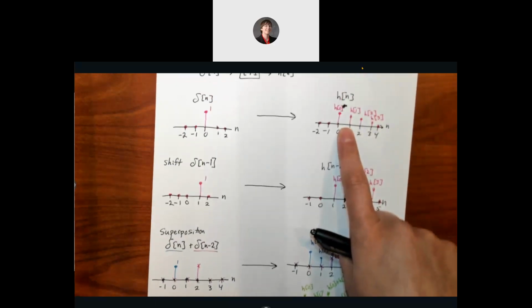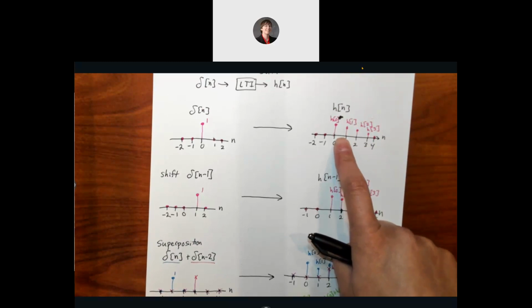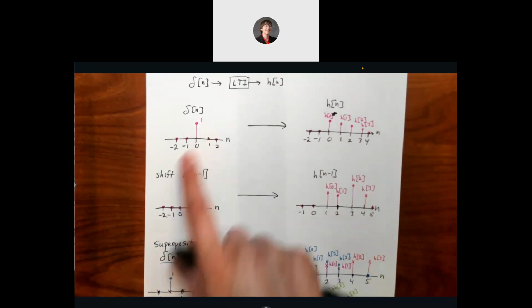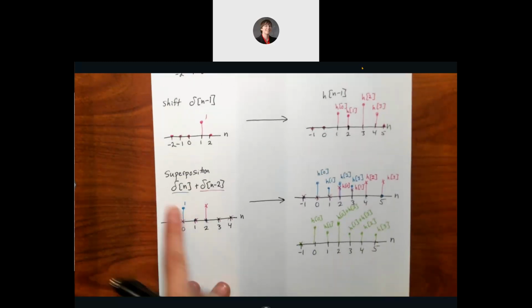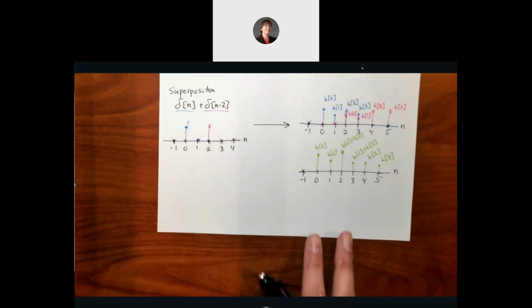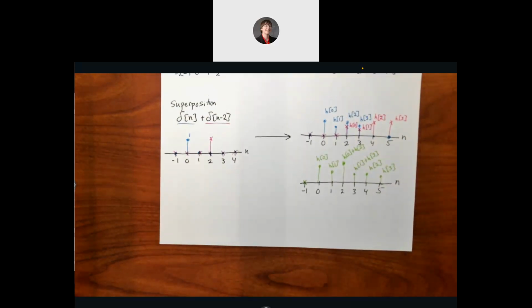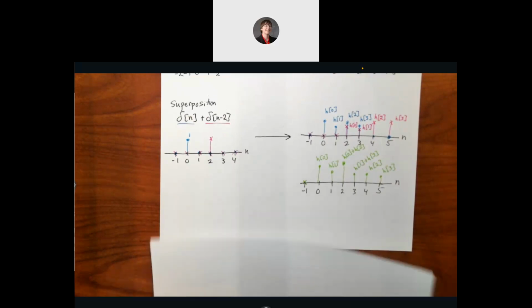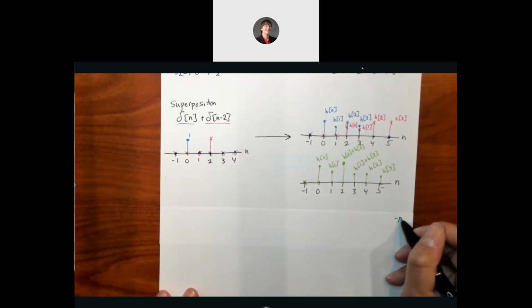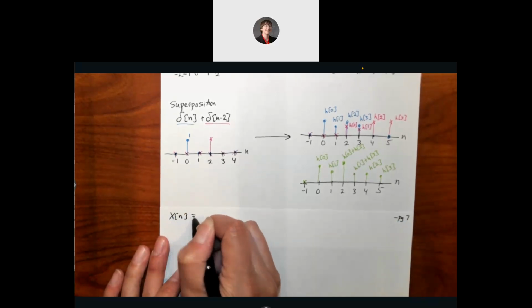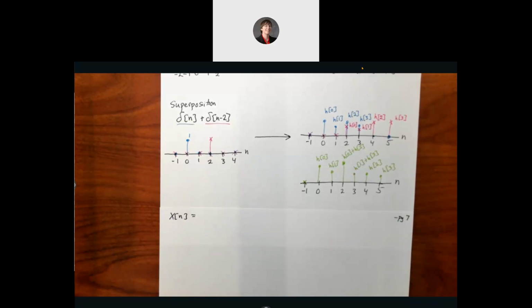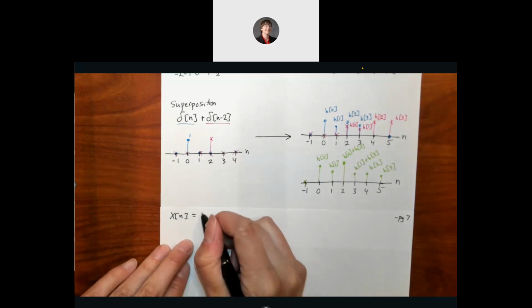So why do we say then that this h of n can tell us the output for any input signal, right? So even if we have something that is more complex, something like this, why can we say that that actually fully characterizes the output? Well, if we look at any discrete time signal, so let's say we have an x of n, which is going to have a bunch of values at different n locations.